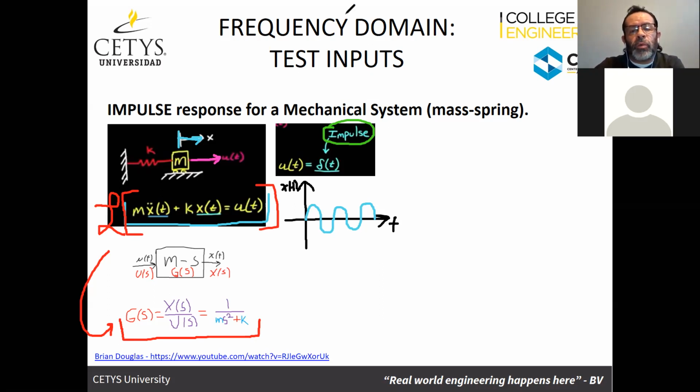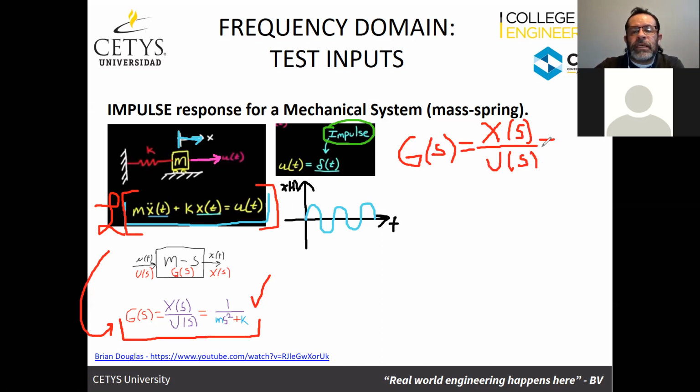So we have the transfer function, which is this function here. I'm going to write it down over here. We have the transfer function that says that G of s is equal to X of s, which is the output that we're looking for, divided by U of s.